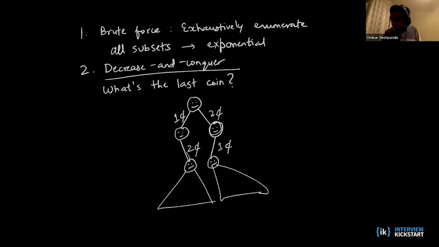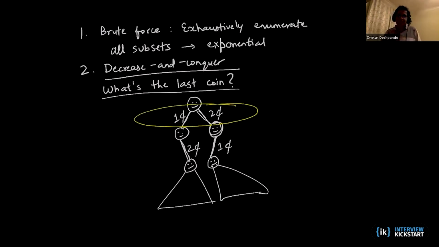But extending each of those solutions by a 2 cent coin and a 1 cent coin, or by a 1 cent coin followed by a 2 cent coin, for this particular problem there is no distinction. And so the problem with focusing on the last coin is that we focus only on this, right?